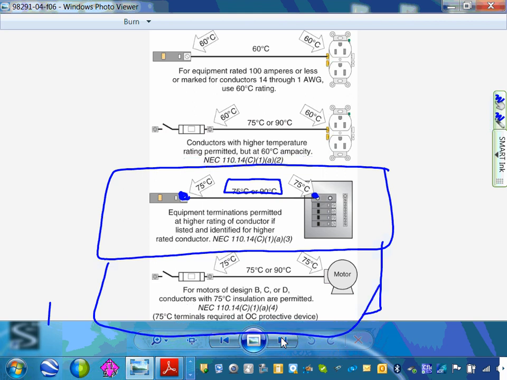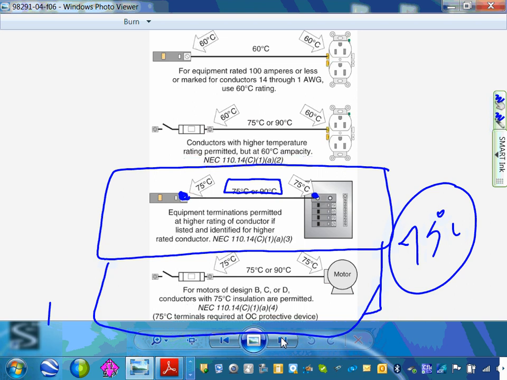All your equipment is rated for what? 75. So everything is 75 degree. So which column are you going to go to when you're dealing with motors? 75. That's engineering standards, and also this is called B, C, or D. From this section, it will tell you to go ahead and do it.